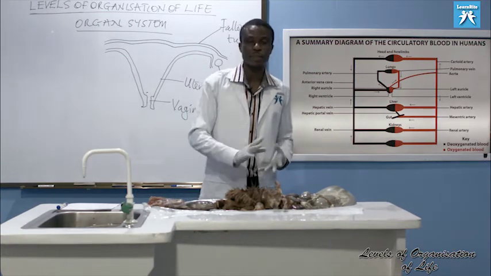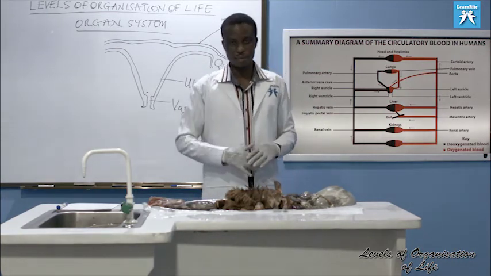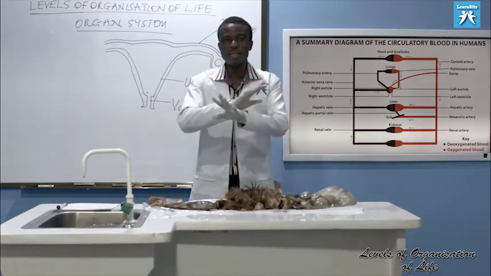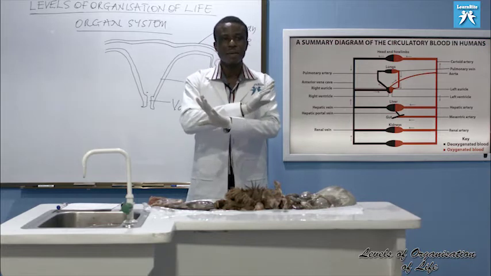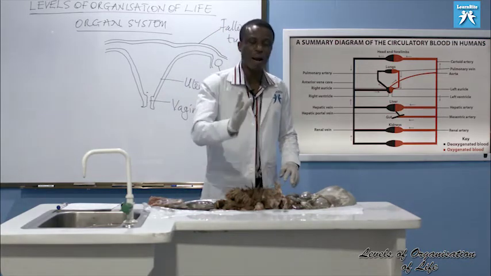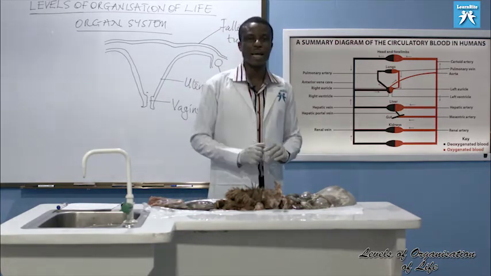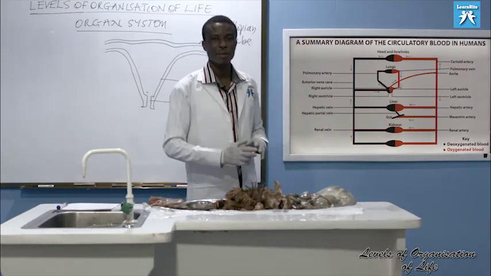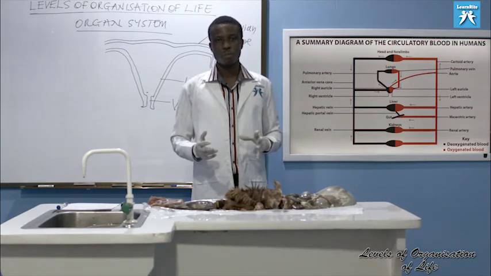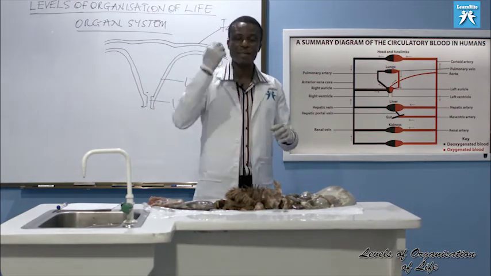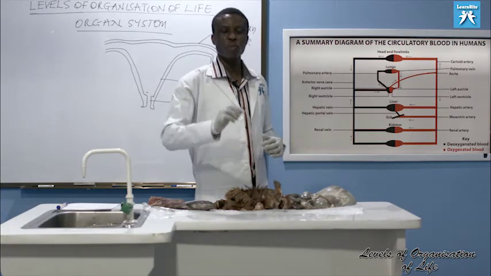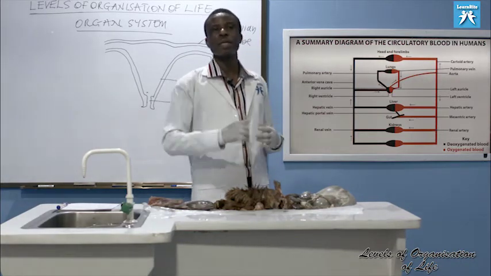Even if you are forced to eat, the food will not be digested. That's control and coordination. So even though the organ systems are working, they are controlled by the control center. That's the nervous system, made up of the brain and the spinal cord. Because for even saliva to be secreted, for food to be digested, it is the brain that regulates it.